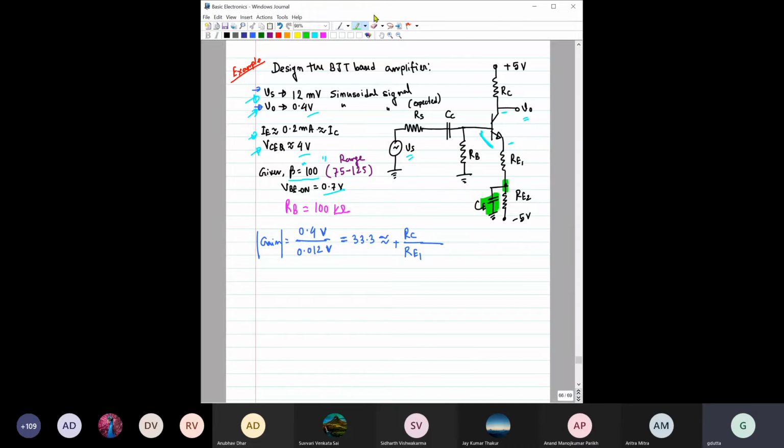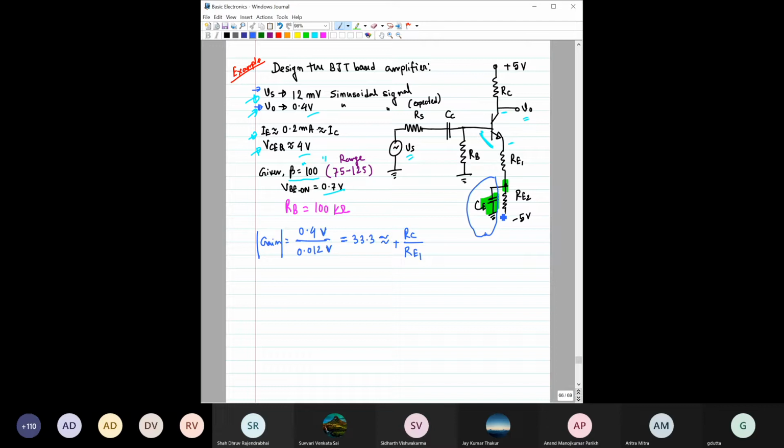Sir, I have a doubt. The potential at the bottom of RE2 is minus 5 volt and there would be no drop on RE2, so that point would also be minus 5 volts. No. When we are doing the DC analysis, this part is not considered.